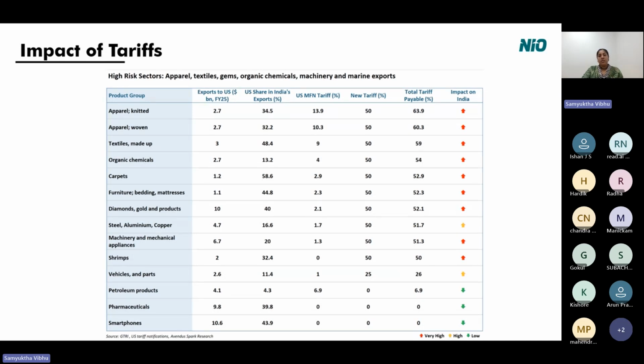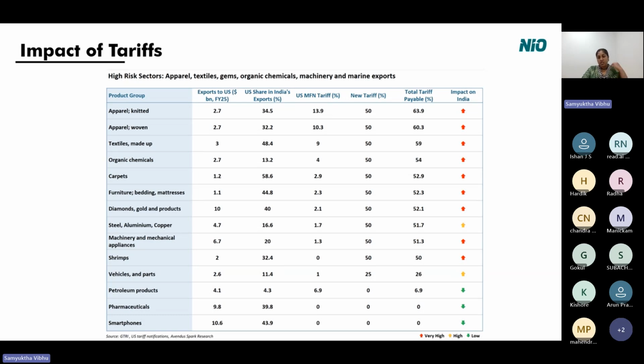At the same time, the new tariff creates a significant shift, right? So the original tariff holds good. So we were, tariffs, textiles were trading anywhere between 9 to 14%. Now the new tariff adds an additional 50% here. So then you're actually going to have your tax hit at maybe 60-65% of the product that is produced, right?